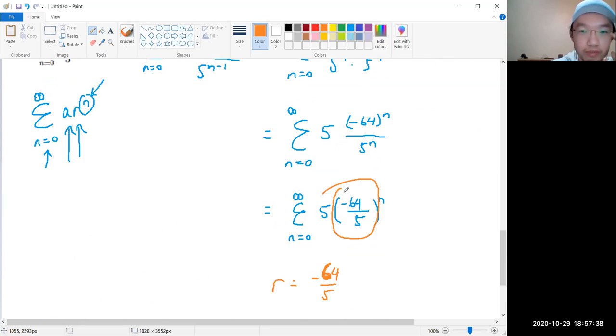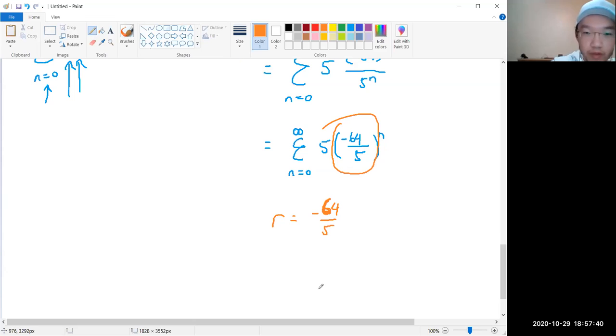I don't even know, but it doesn't matter. So the absolute value of R is not less than 1. This diverges.